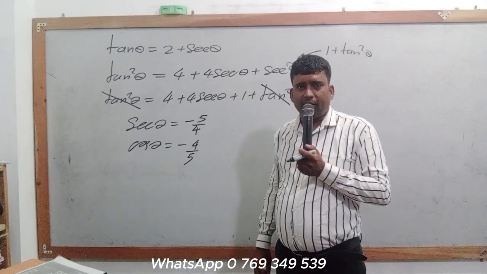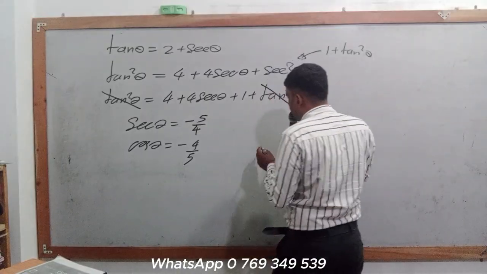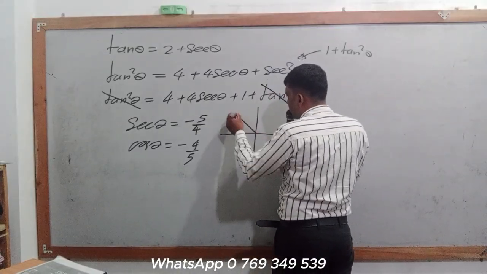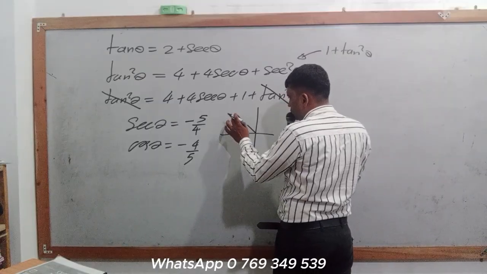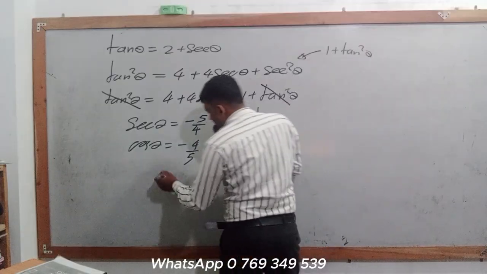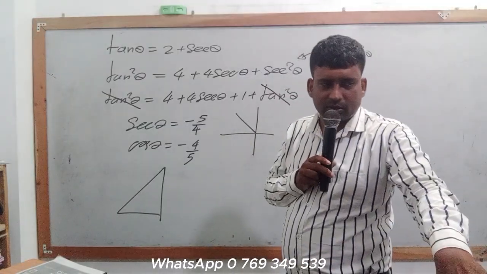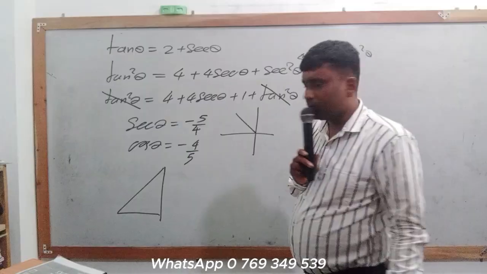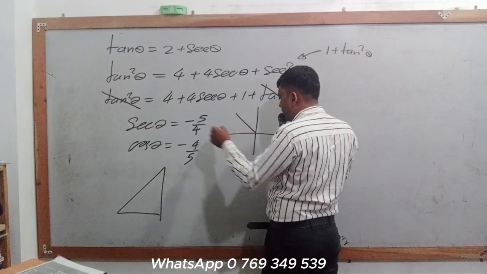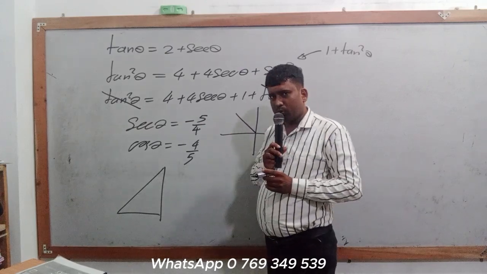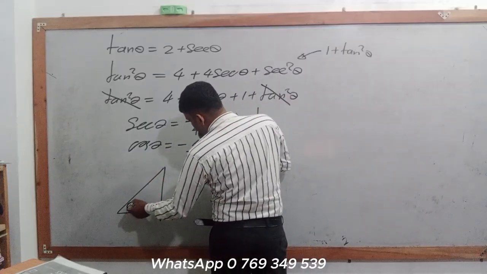Now this is negative, so that is the second quadrant, and theta should be here. We can take the triangle, but we have to find sine. In the second quadrant cos is negative but sine is positive.